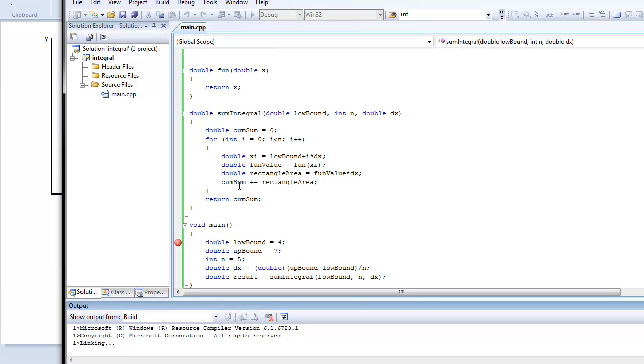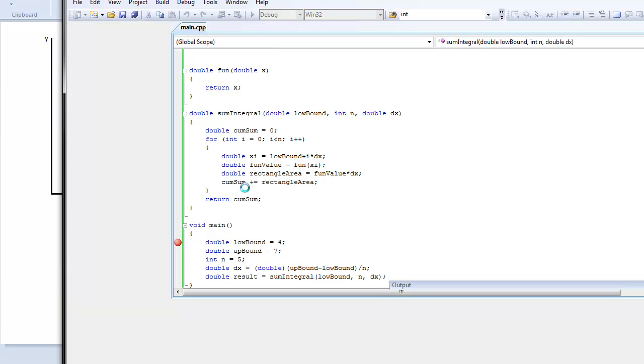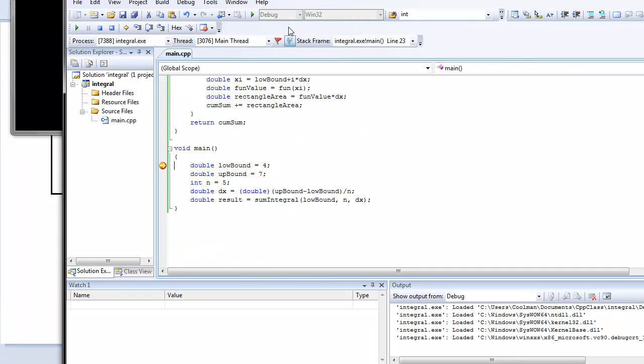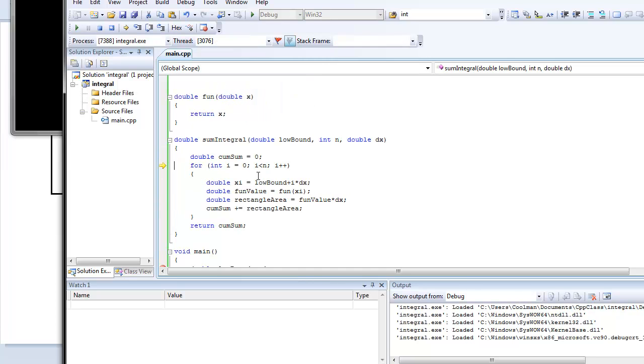Okay, one more try. Okay, so fine. What's the dx? Yeah, looks reasonable. And how about this one? So again, as I said, we start at 4.